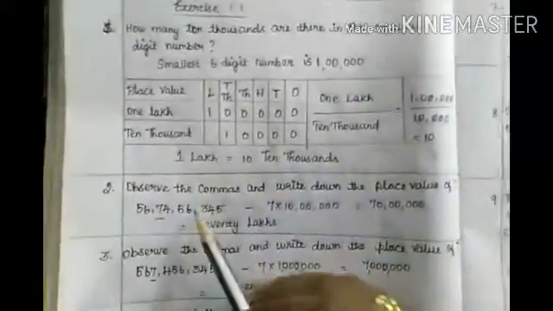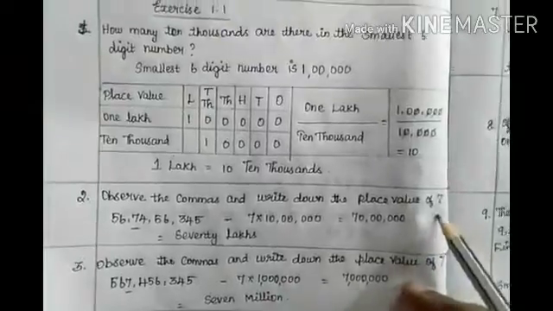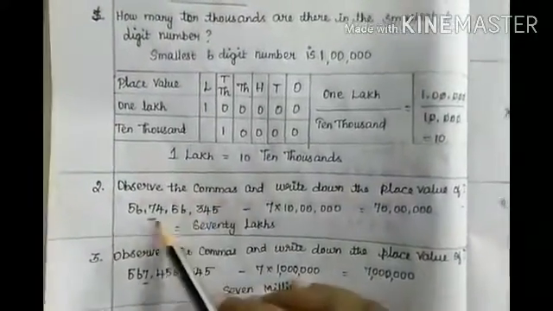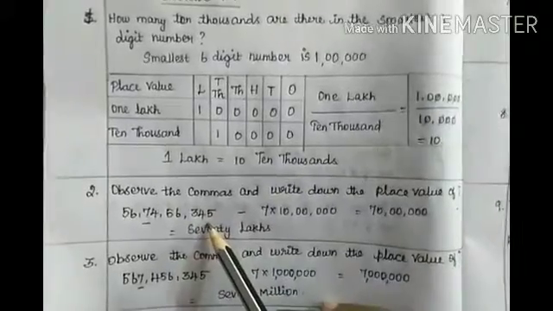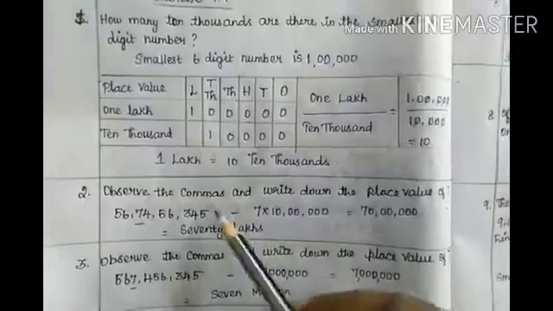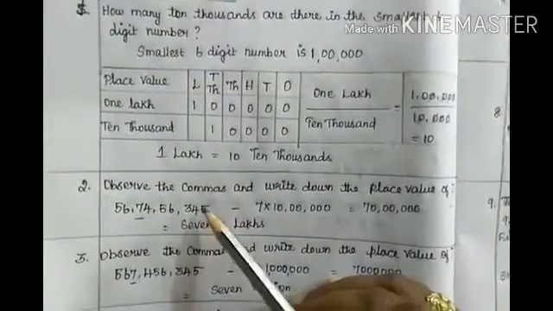Okay, second question: observe the comma and write down the place value of 7. First, can you tell me whether this is the Indian system or the international system? Yes, it is the Indian system.